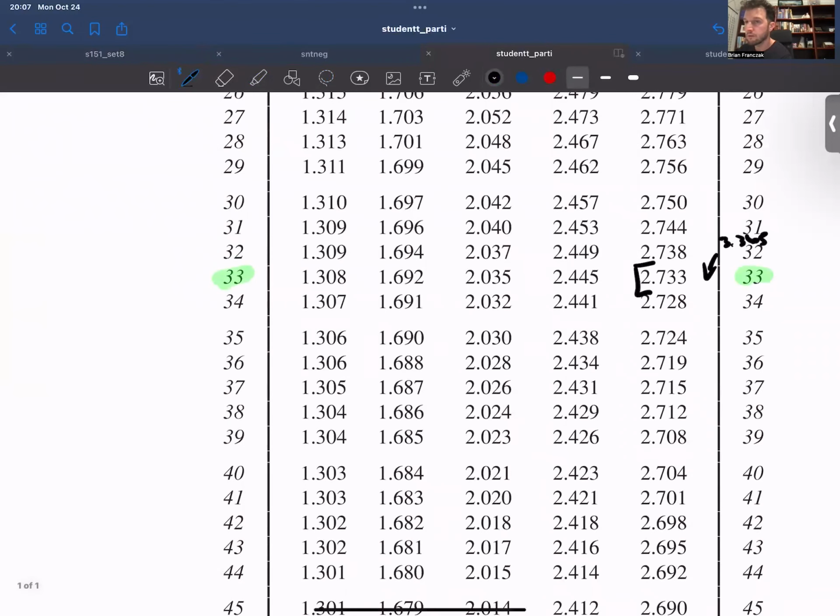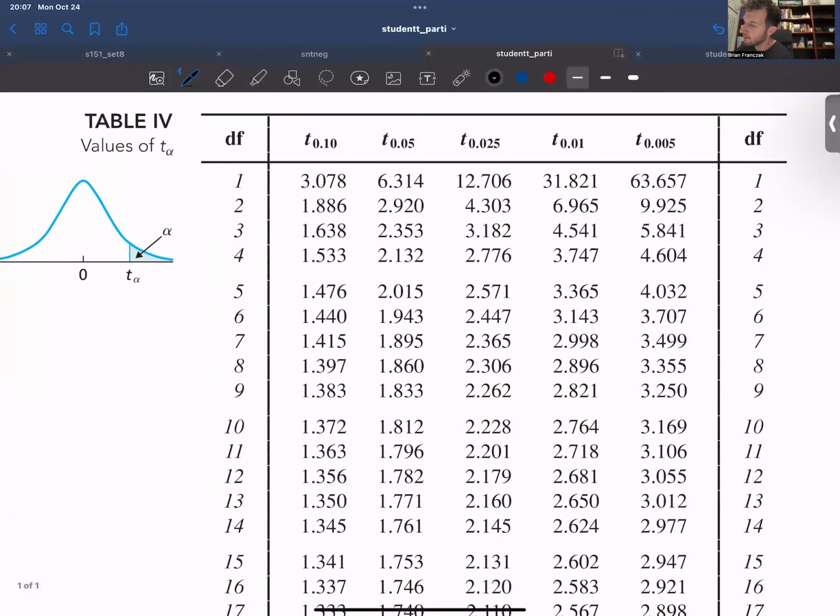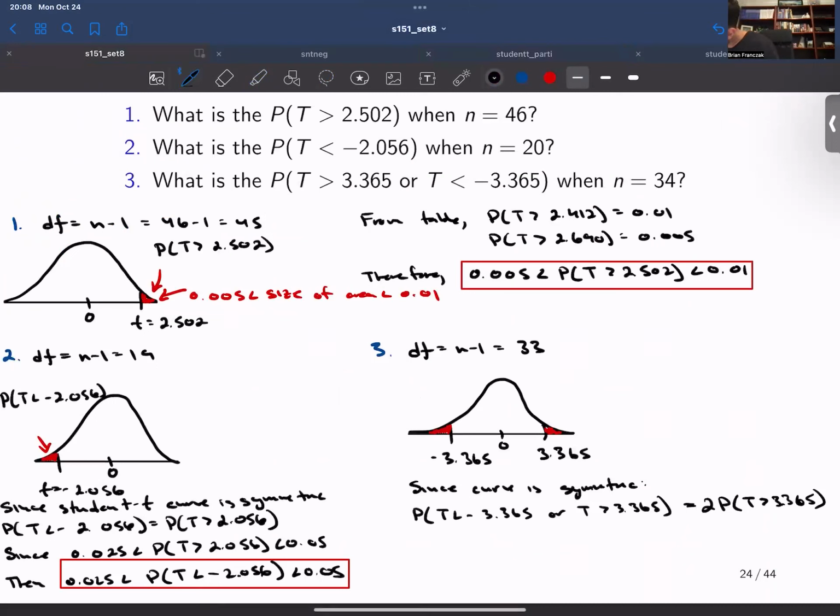So the largest value listed on the table is 2.733. Our value is 3.365. So what that means is that the area to the right of 3.365 is going to be less than 0.005. So we would write here, probability t greater than 3.365 is less than 0.005.